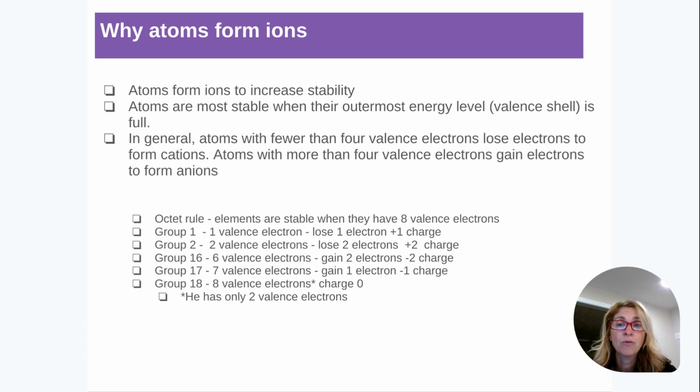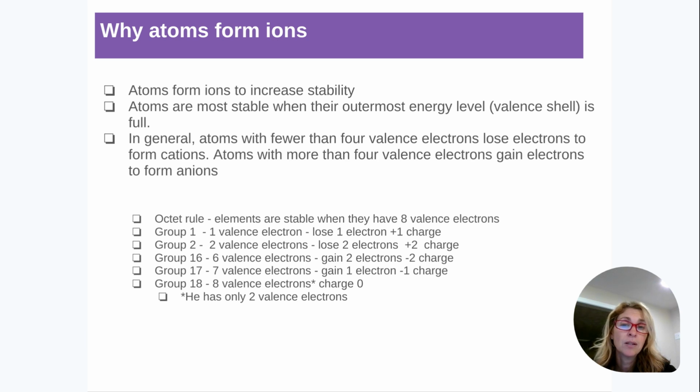The pattern continues for metals with positive charges and changes when we get to nonmetals. A nonmetal in group 16 with 6 valence electrons will gain 2 electrons to fill the octet and form an ion with a -2 charge. There is one exception to these trends. Helium in group 18 has only 2 valence electrons, and therefore will only have those 2.